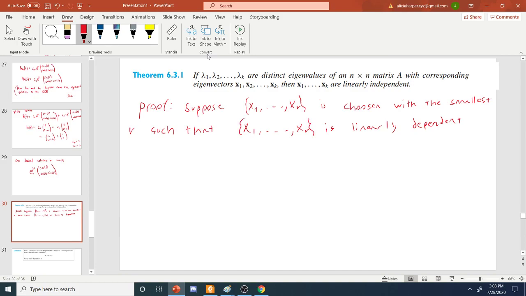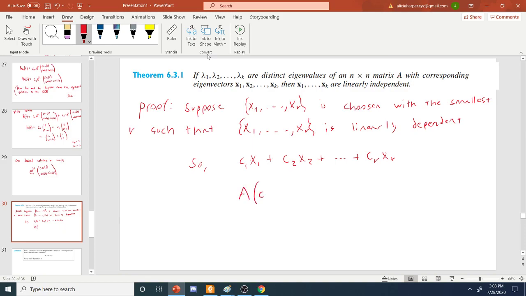So we have a linear relation c1 x1 plus c2 x2 plus and so on up to cr xr. Now I'm going to apply my matrix A to this.